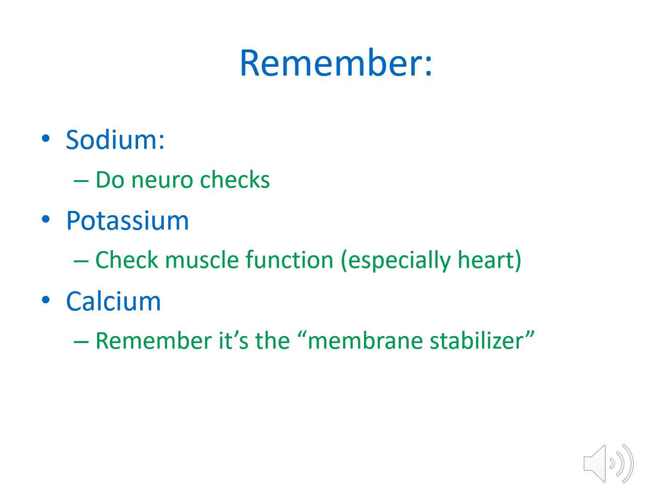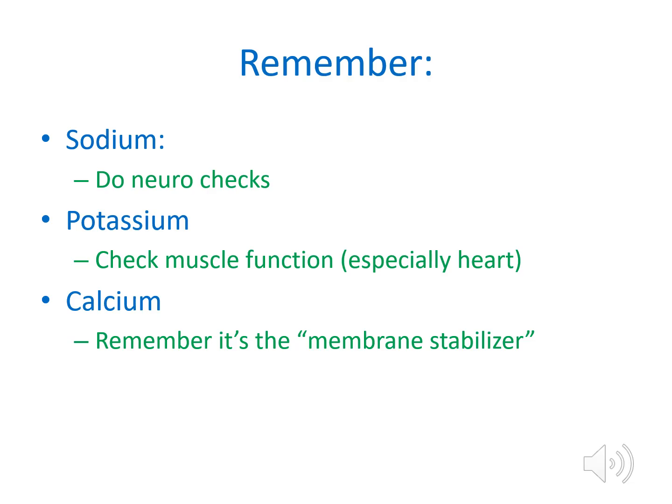All right, to review the electrolytes, if you suspect a sodium imbalance, what body system do you check? Neuro. Okay, if you suspect a potassium imbalance, what body system is your priority? The heart, right? Because potassium is involved in action potentials, which you need for muscle function. The most important muscle in your body is your heart.